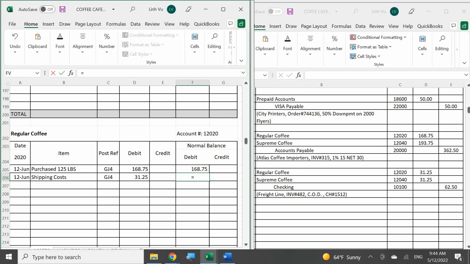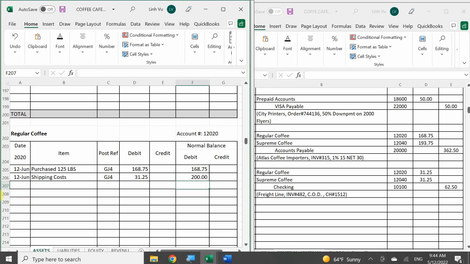Since it's a debit, it's an asset, we're going to take our previous balance, and things that affect our inventory, our debits will increase it and our credits will decrease it. So you're going to add your debit and subtract your credit. So up 1 plus left 2 minus left 1. Okay, and that should give you now $200.